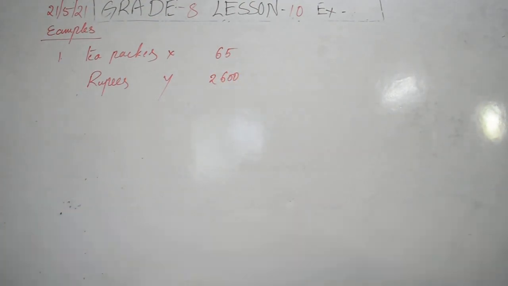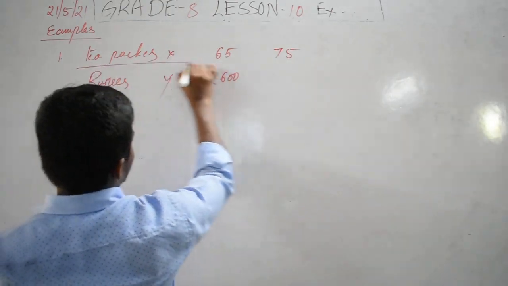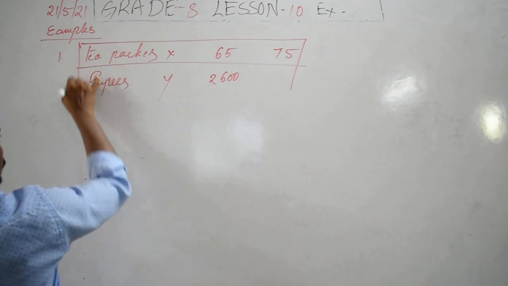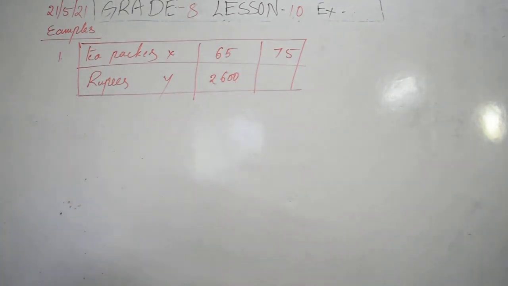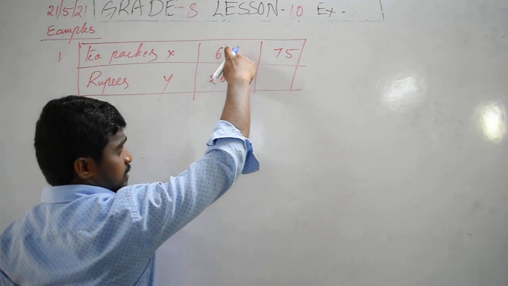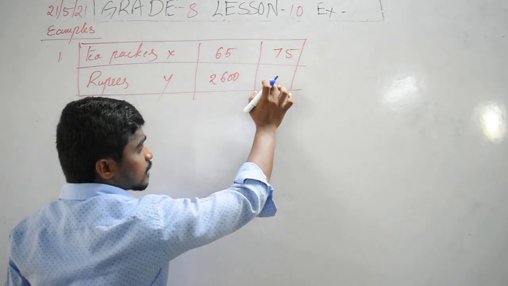Now 75 tea packets, how much cost? Here see, this is X1, this is Y1, this is X2, this is Y2.